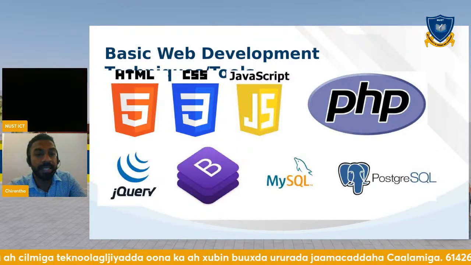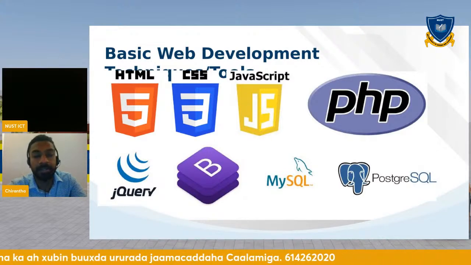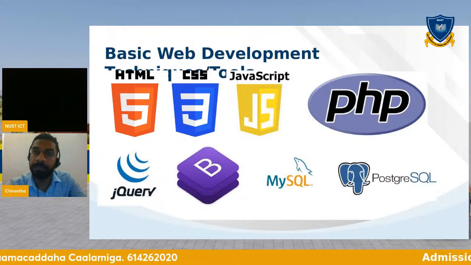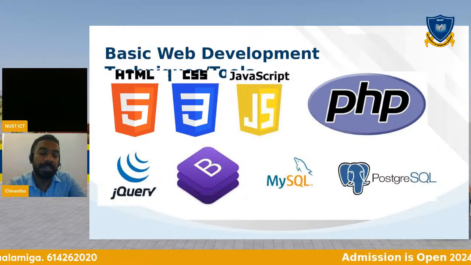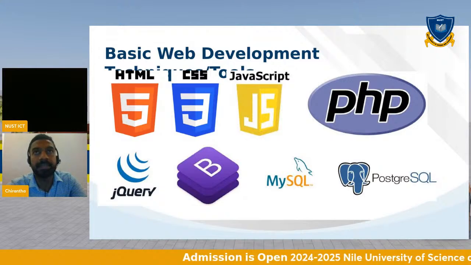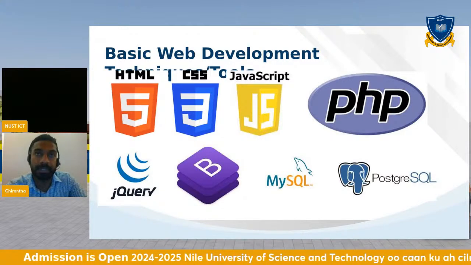Let's discuss. When we consider the basic web development practices and technologies, first of all, everyone is going to learn HTML. It is the preliminary technology we have to learn. HTML is the structure that makes up web applications.